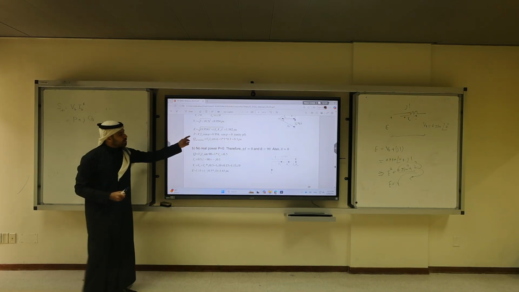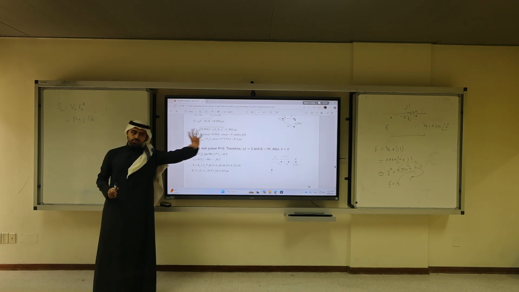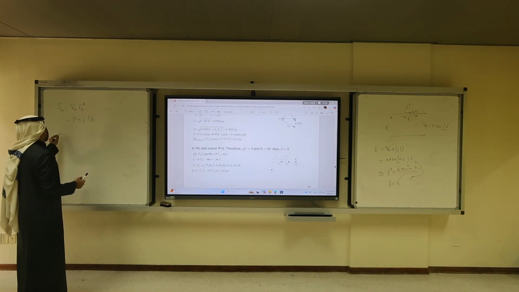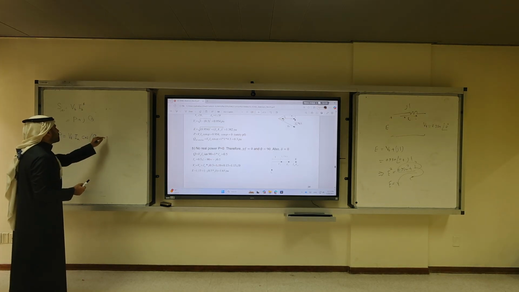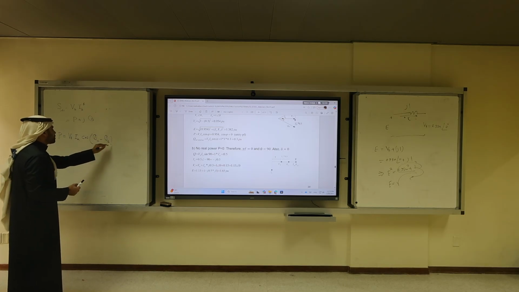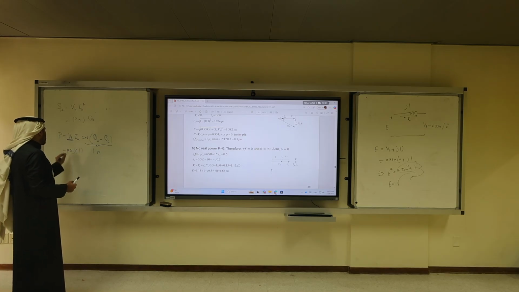So the real power that goes from Vt to Vb is Vt, Ia, cosine of the angle of Vt minus the angle of Ia. But this cosine is 1 because it's a unity power factor from the problem. So you already have the magnitude of Vt, which is 0.9542 times 1. So the real power is 0.954.